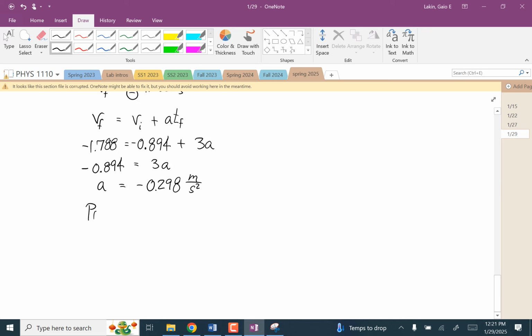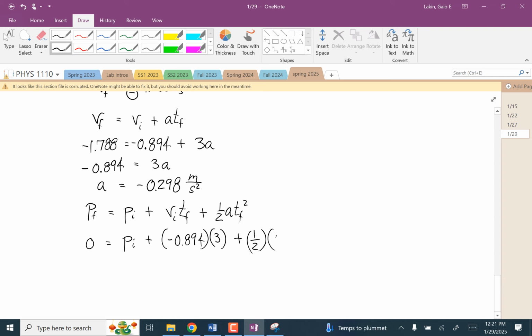And now we can go to this one. PF is equal to PI plus VI TF plus 1/2 A TF squared. So 0 is equal to PI plus negative 0.894 times 3 plus 1/2 times negative 0.298 times 3 squared.